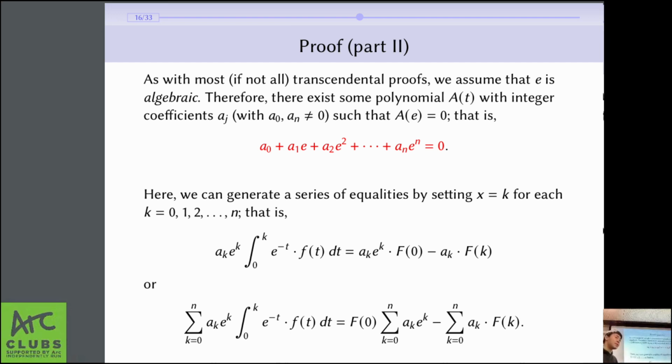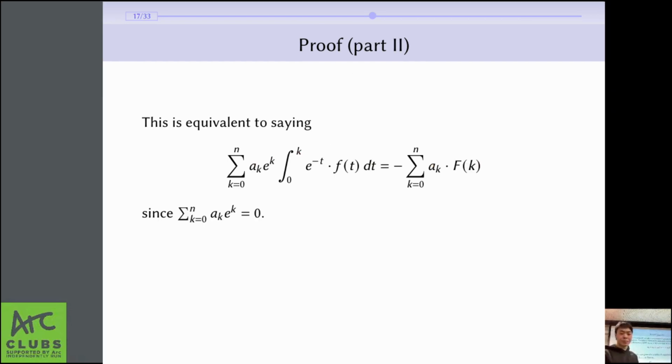But remember that we said that e was algebraic. And so if e was algebraic, this expression here goes to 0. And we just get this expression here on the right-hand side. So we only get one part of the right-hand side, right? So this is basically what we're saying here. So the sum from k equal to 0 up to n of a sub k e to the k equals 0.